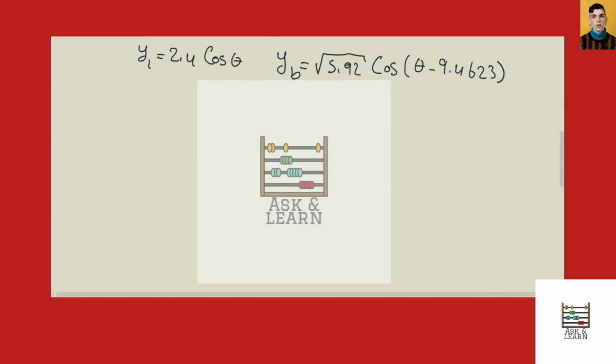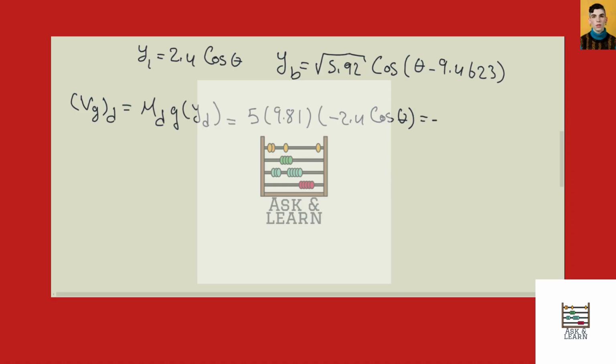Thus, the gravitational potential energy of the disk and bullet with reference to the datum is V_G D equals M_D g y_D equals 5 multiplied by 9.81 multiplied by negative 2.4 cosine theta, equals negative 117.72 cosine theta.